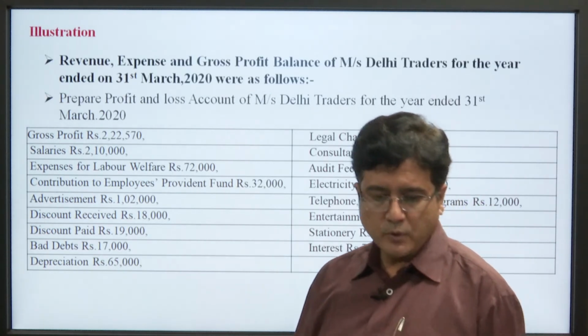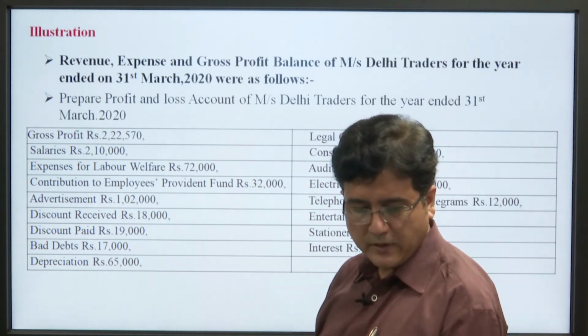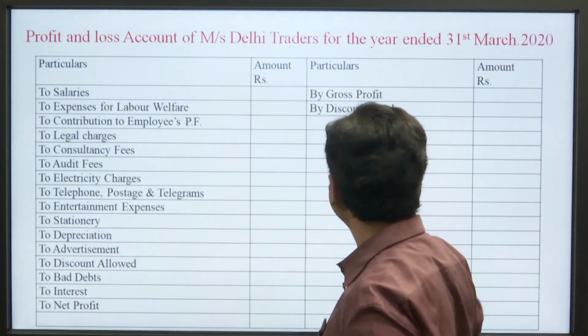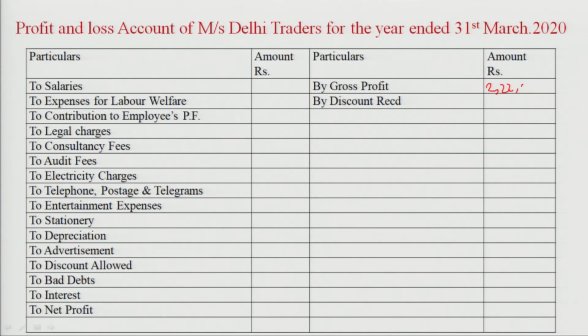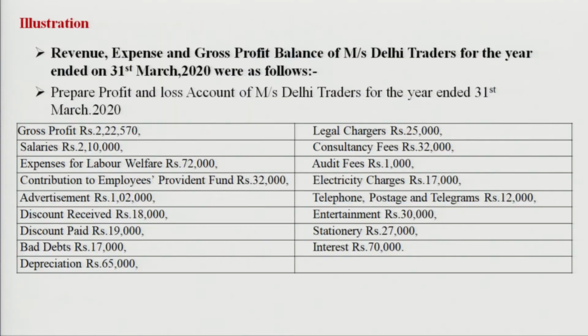So, gross profit 2,22,570. Salary 2,10,000.